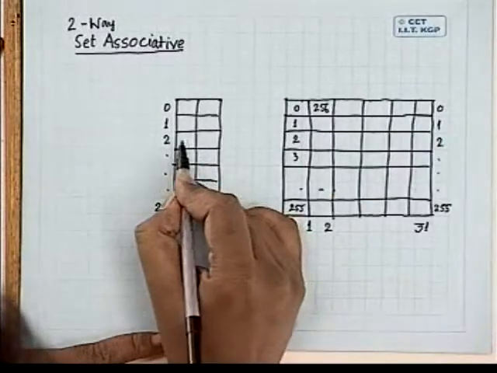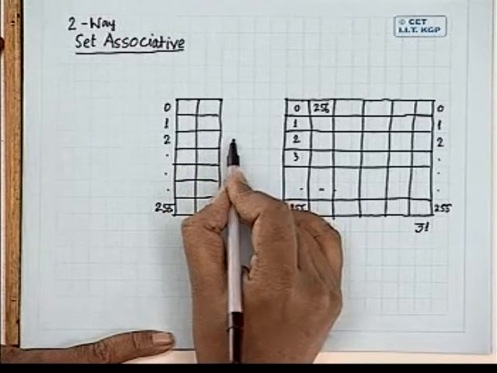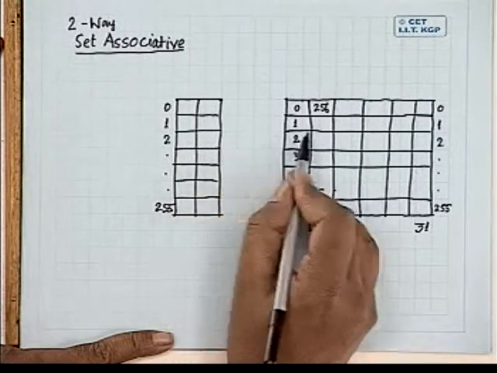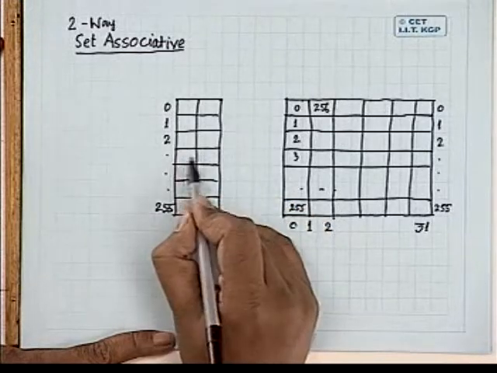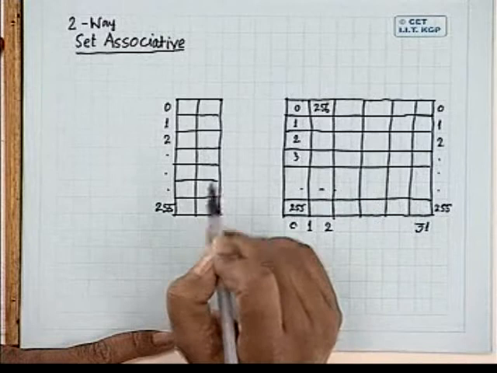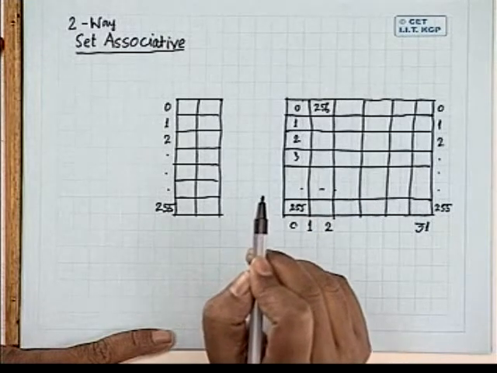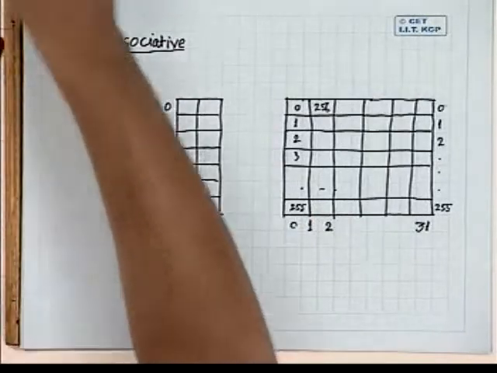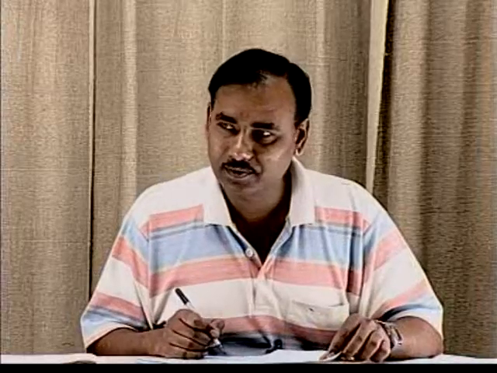Okay, I can increase the number of cache lines, or I can increase the cardinality of this set. Instead of having 2, I can have 3, I can have 4, I can have 5, and so on. So the more cache lines you put in a particular set, you will find that the number of cache misses will go on reducing, but at the cost of the number of comparators. In the earlier case, for direct mapped cache, I had only one comparator.